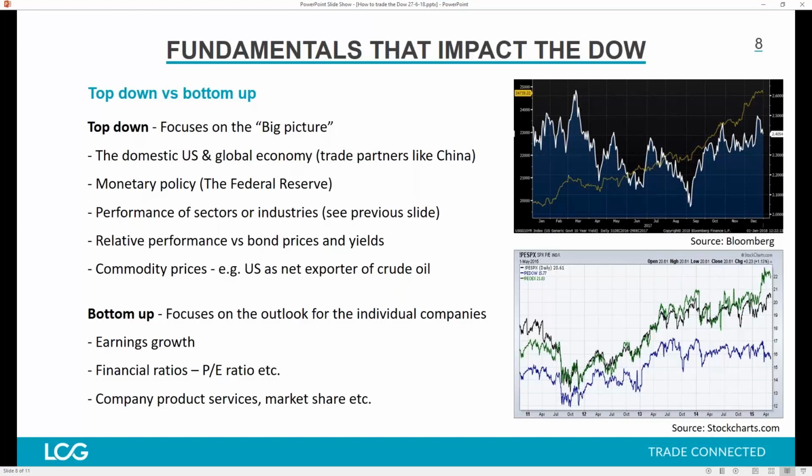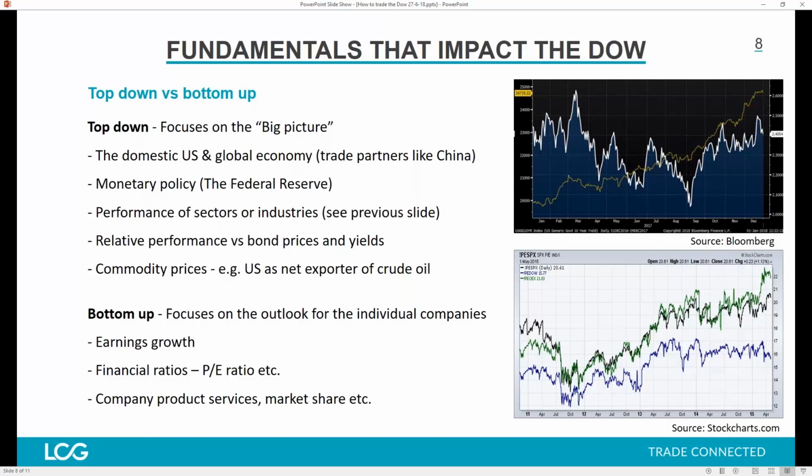Monetary policy, obviously pretty huge these days. The Federal Reserve is gradually raising interest rates at the moment. So this relates somewhat to the next point, where I say it's relative performance versus bonds and yields.